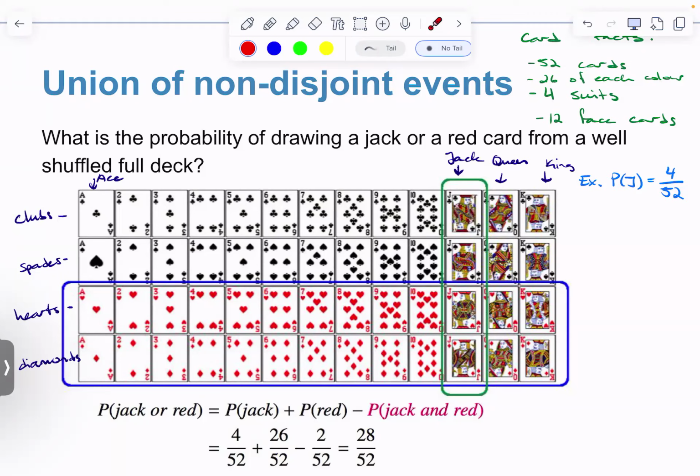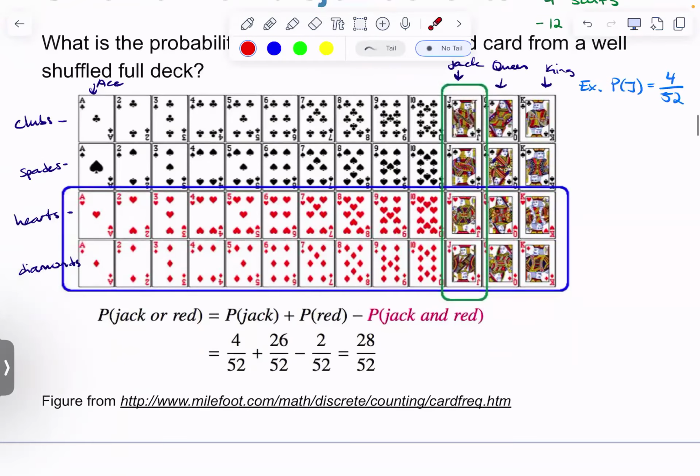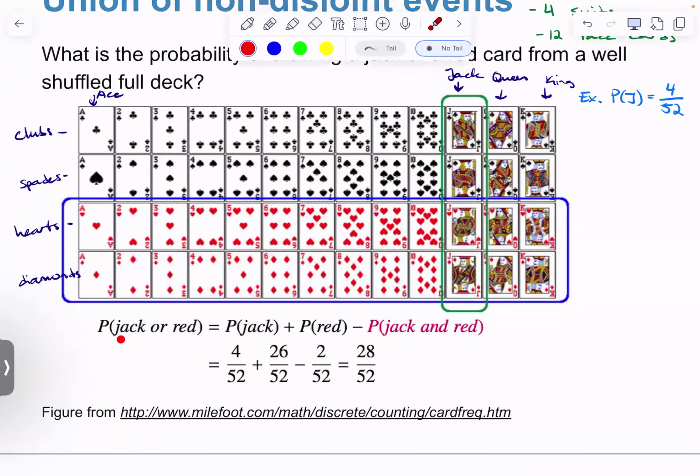Okay, so back to here, this example. I want to find the probability of drawing a jack or a red card. So I'm just drawing one card from a deck of cards, and I want to find the probability of a jack or red. I don't care which one, as long as it's one of those two.